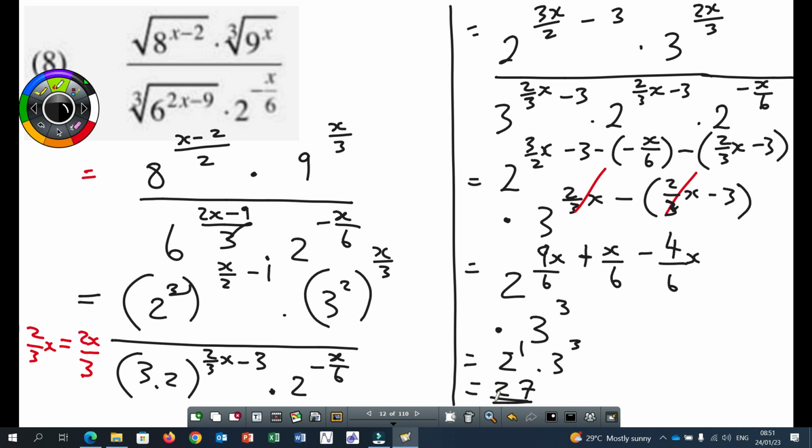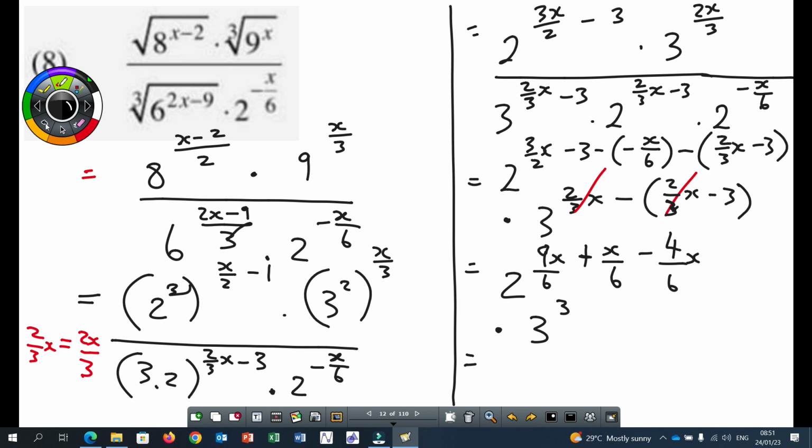Okay, 9x, that gives me 10x. 10x minus 4x, okay, so this will be x. So eventually my answer will be 27x. Sorry? Okay, I'm so sorry. I don't know why today I'm making this mistake.